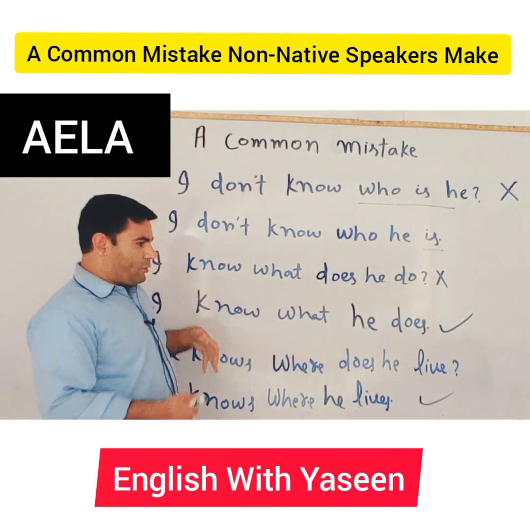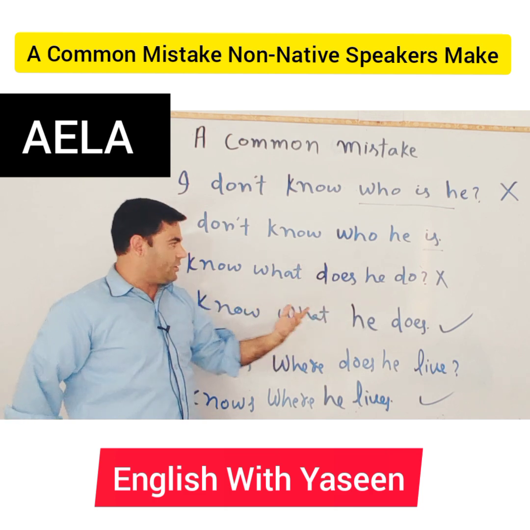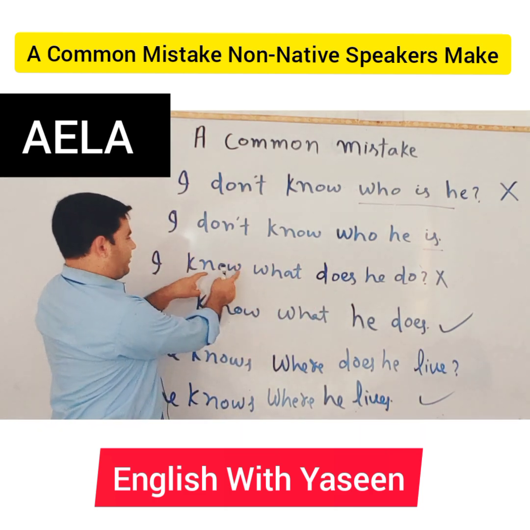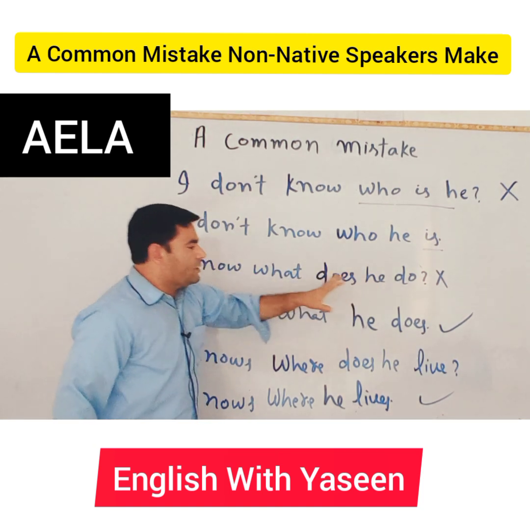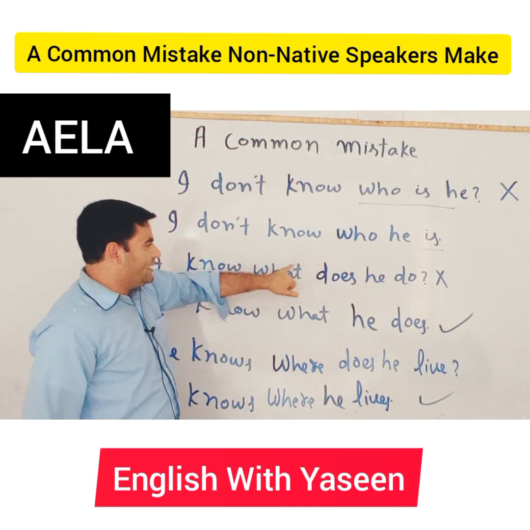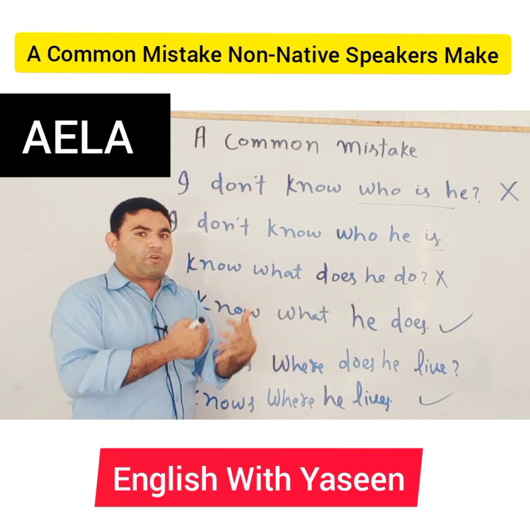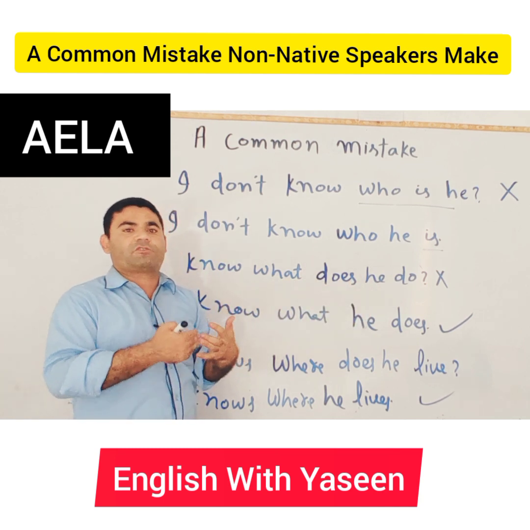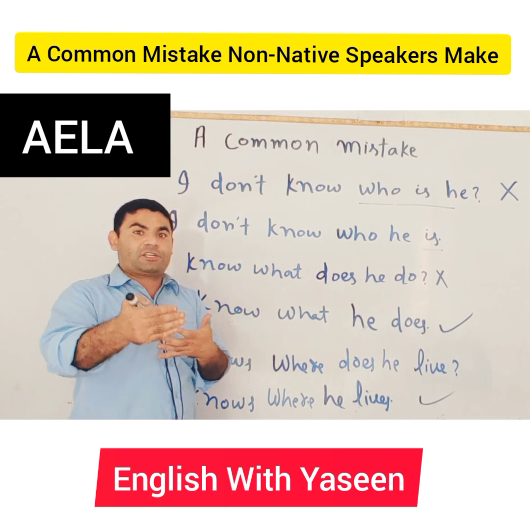Why? Because when I ask you a question, you will state something, you will tell me the answer. I don't know, so the first clause is the answer. But when you look at this, what does he do? The structure is what, then helping verb, and then subject. This structure forms a question, and when this structure forms a question, your answer is wrong.